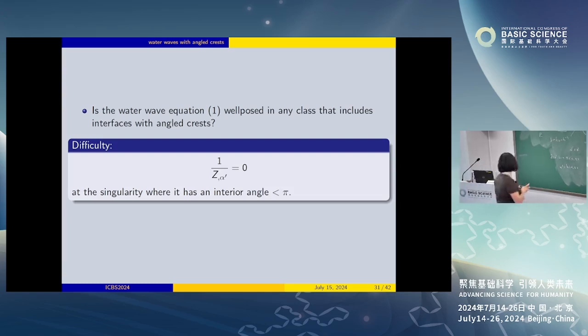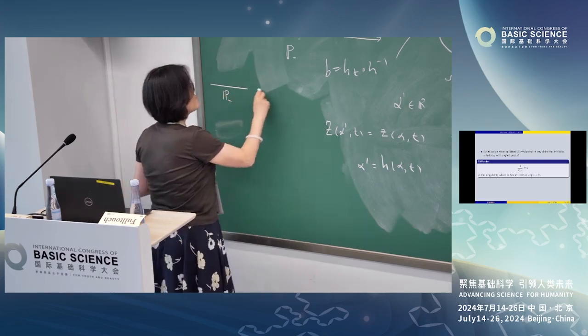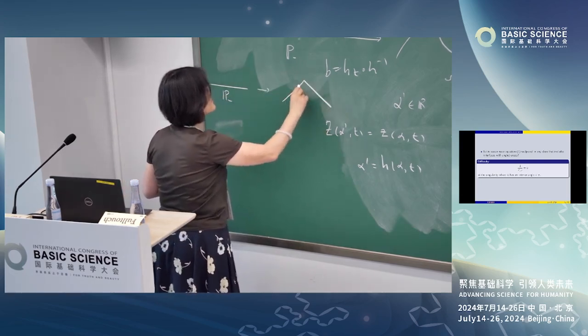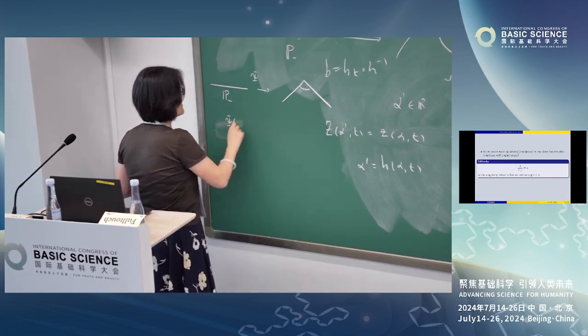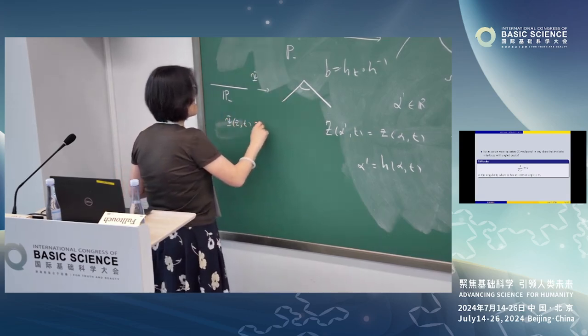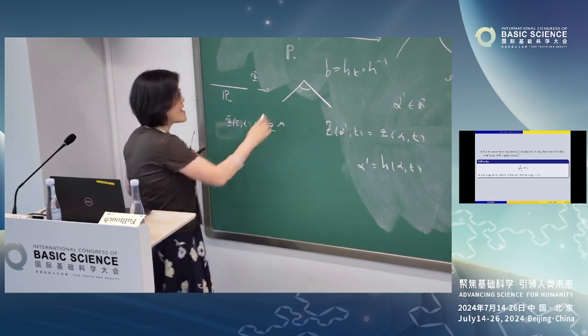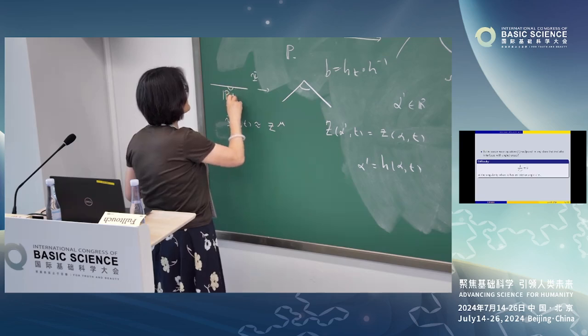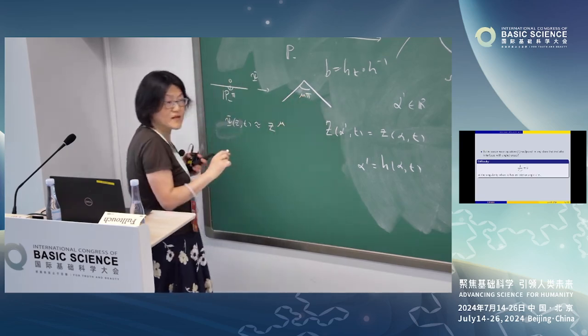If you have a Riemann mapping to the lower half plane to something like this, then ψ satisfies that ψ_Z is roughly like Z to some power μ, okay? And this angle is π, this is 0, and this is μπ.